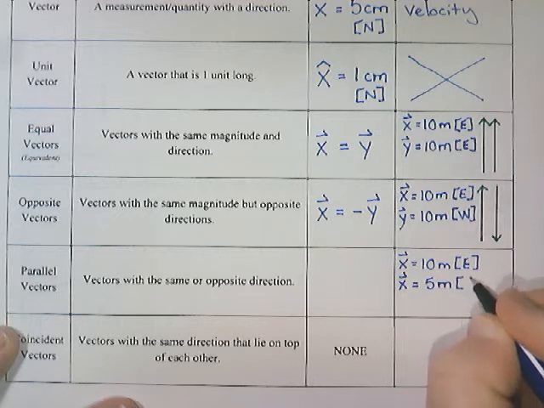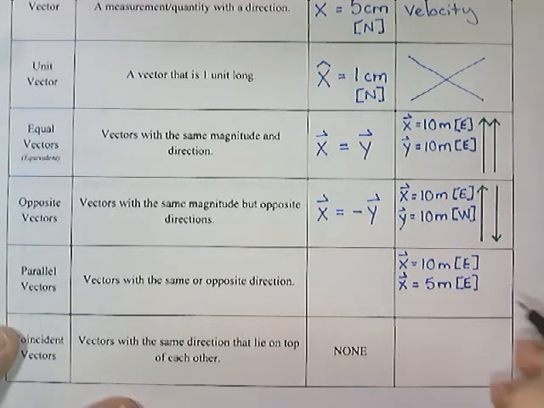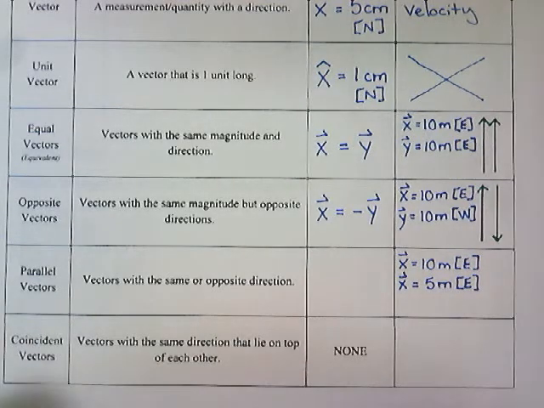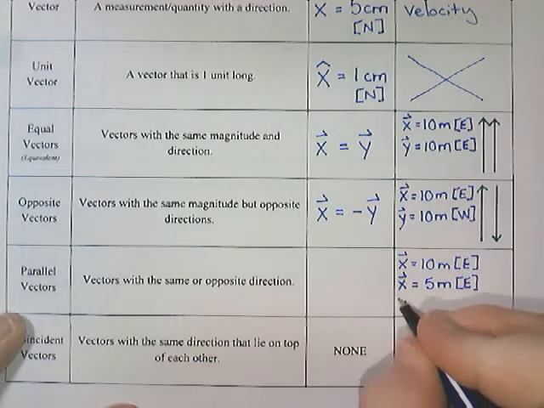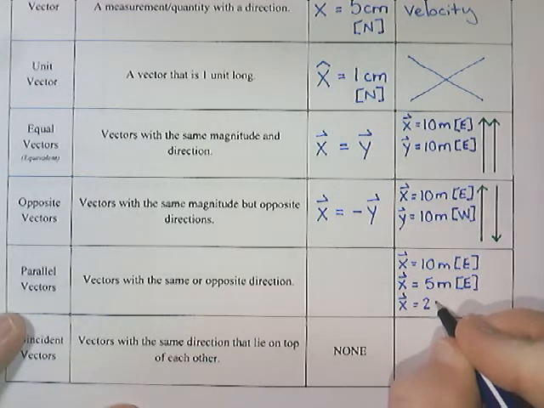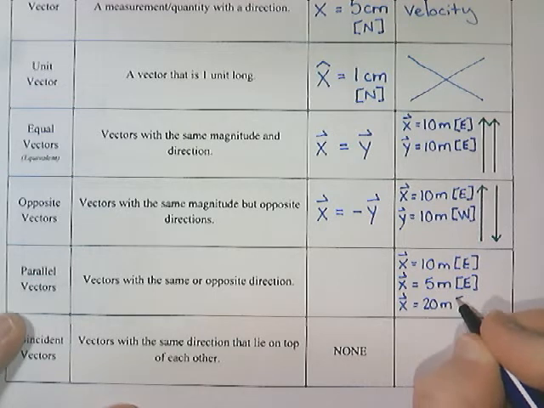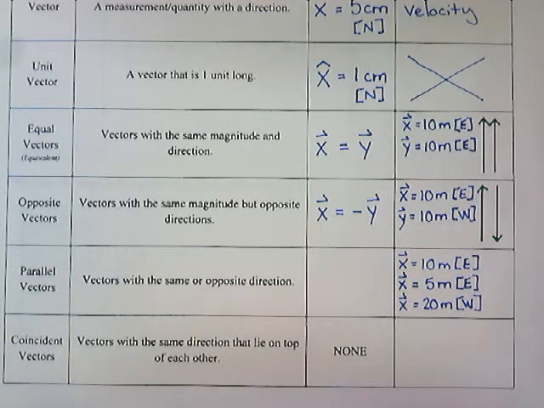I'm going to write down 5 meters east. Or it could be a different length. Let's say it is 20 meters, but it could also be going the opposite direction. It could be going west.